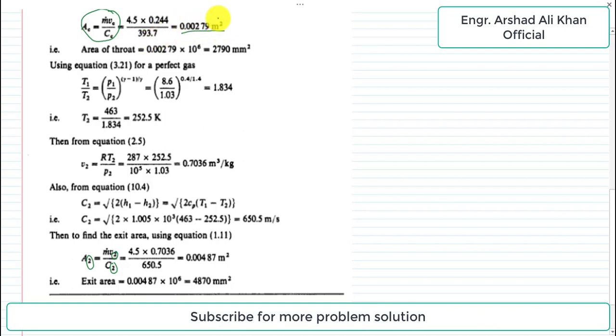So this is the value 0.00279 square meter, or if we convert it to square millimeter, it will be 2790 square millimeter.